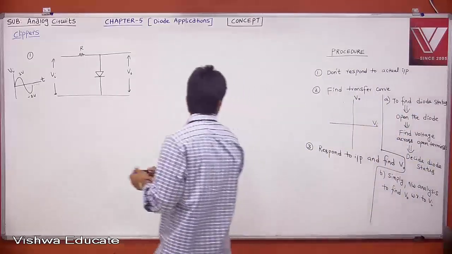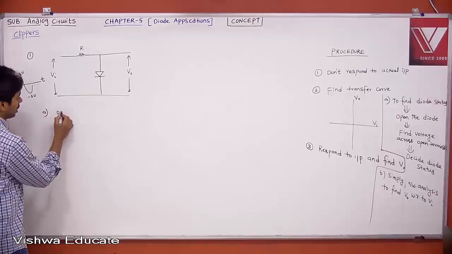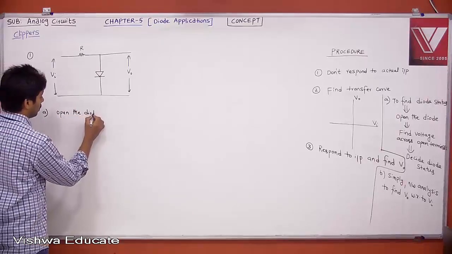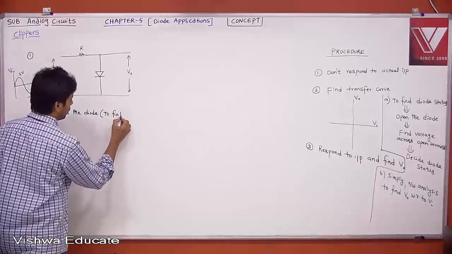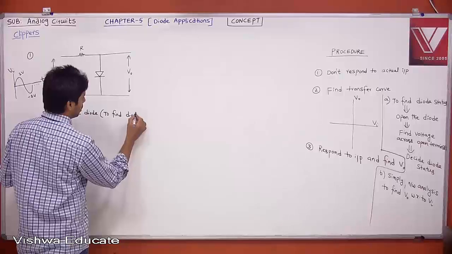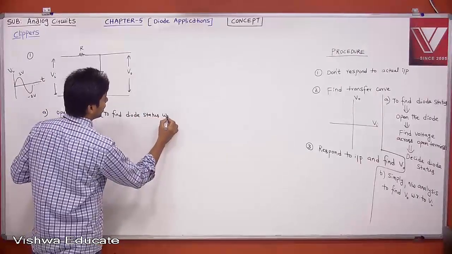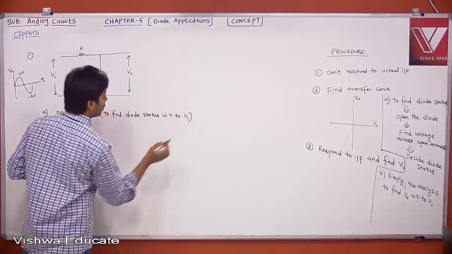Therefore, the first step is open the diode. For what? To find the diode status, with respect to input, with respect to Vi.